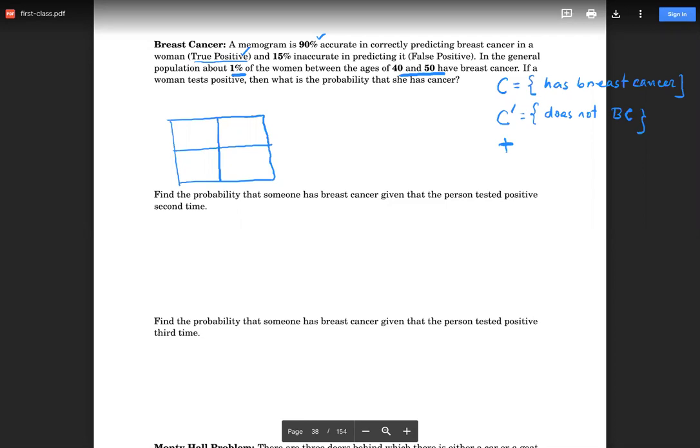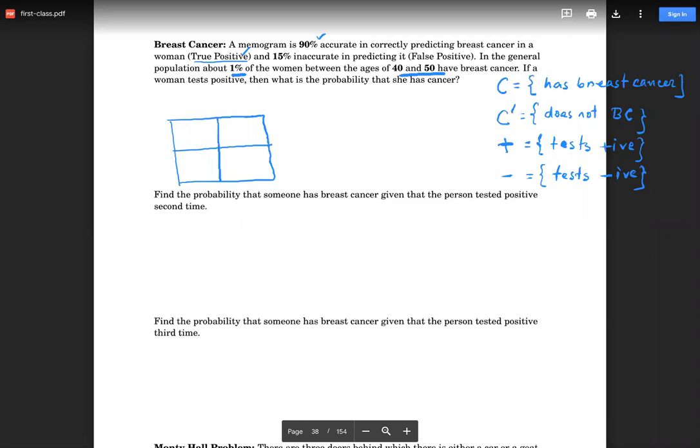Plus is the event that tests positive, and minus is the event that tests negative. So let's define the events clearly.